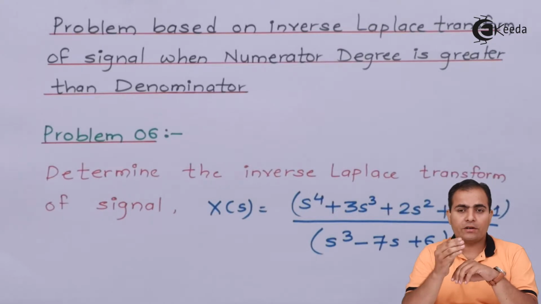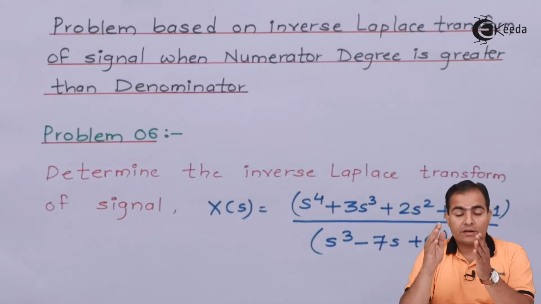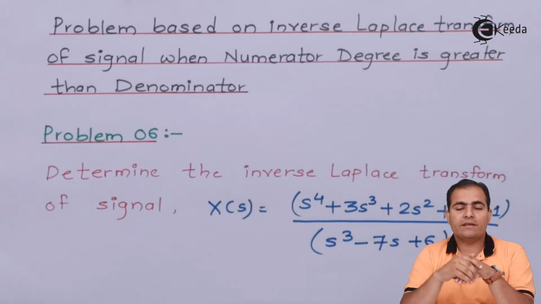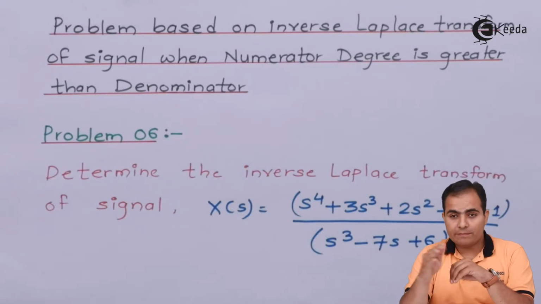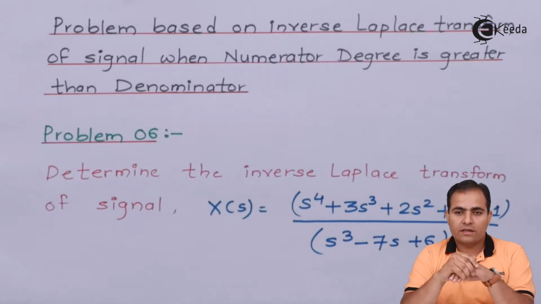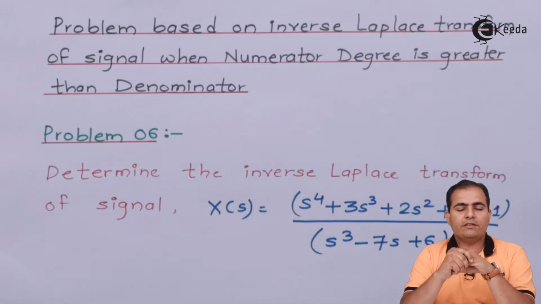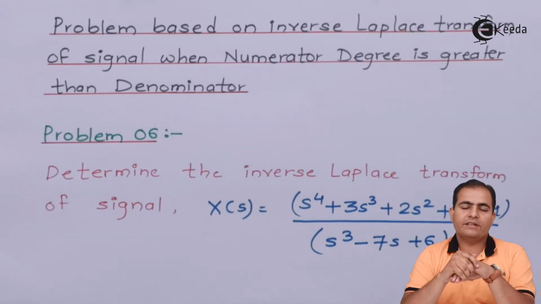The last part, R by D, is the remainder upon the divisor. We'll solve that part separately. We'll find the partial fractions first, and then place that function value in our X of s. The whole equation will be formed, and then we'll find the inverse Laplace transform of the whole equation. So do the same thing to find the result and to get the marks.